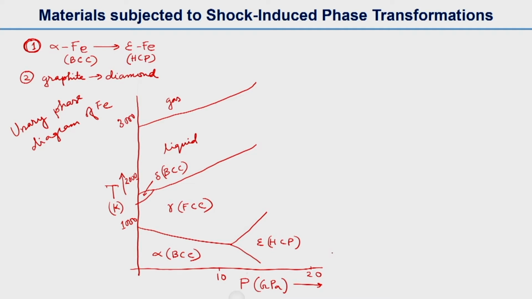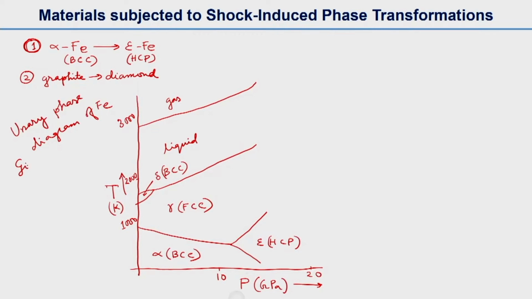I think all of you know about phase diagrams and the Gibbs phase rule; you have surely studied it in your undergraduate courses of basic material science. Gibbs phase rule: F equals C minus P plus 2.